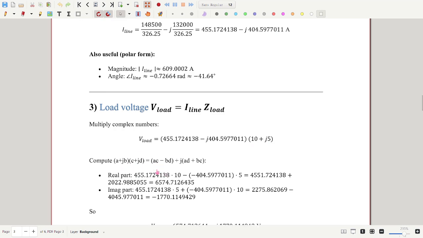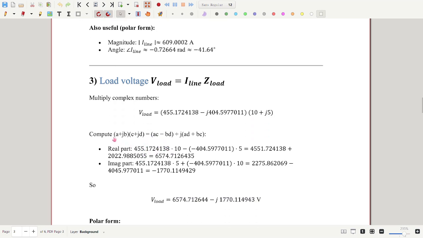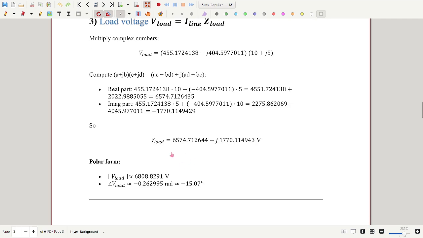We multiply the line current we got with the load impedance. Whenever you multiply two numbers in rectangular form, I have written clearly here how it works. You can substitute, or refer to this if you know how to multiply. This gives the real part and the imaginary part, and so we got the load voltage in rectangular form. Now we will get it in polar form also.